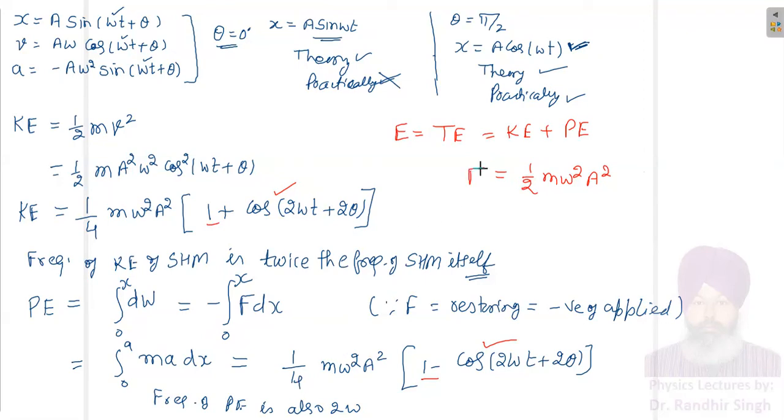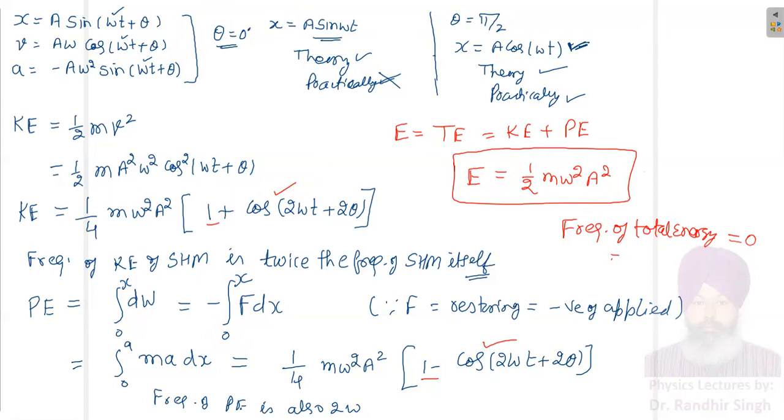So what is the frequency of total energy? Please tell me. The answer is 0. Frequency is 0. It means total energy remains constant with time.